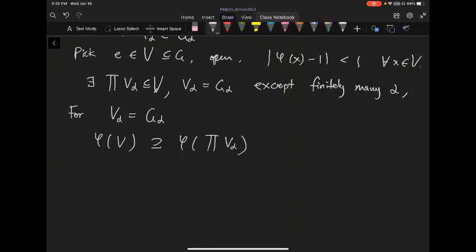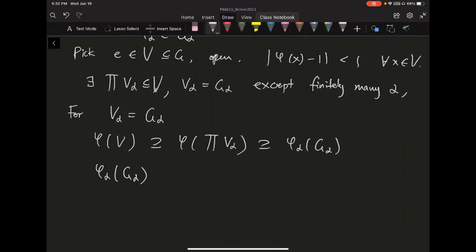You can convince yourself, because everything is centered around the identity, that this is going to contain the phi alpha of G alpha, or V alpha if you like. In other words, the image of G alpha under phi alpha is going to be contained in all the z where the absolute value of z minus 1 is less than 1.